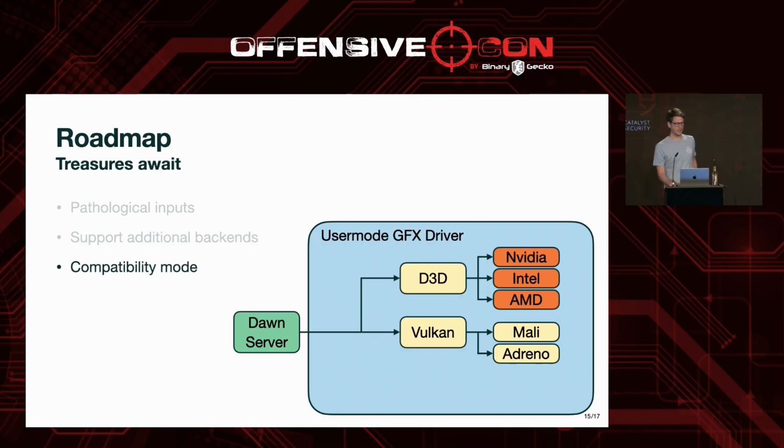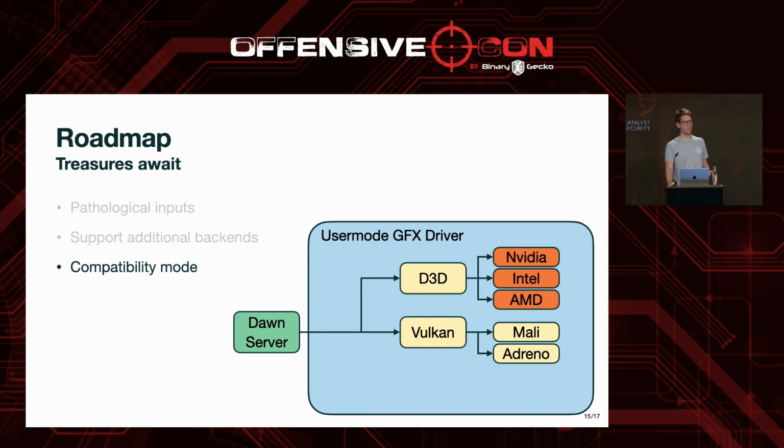And the last part for future research is the so-called WebGPU compatibility mode. The motivation behind this optional extension to the WebGPU standard is that plenty of Android devices don't support the respective Vulkan interface needed for a WebGPU implementation.